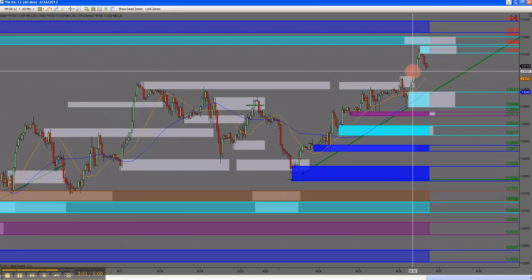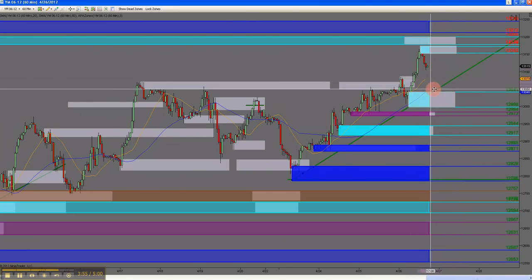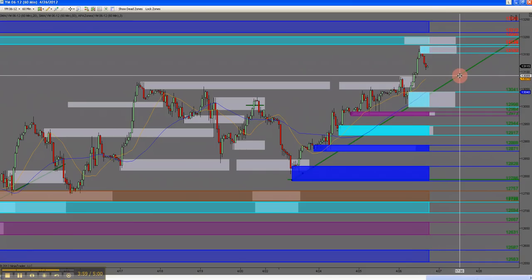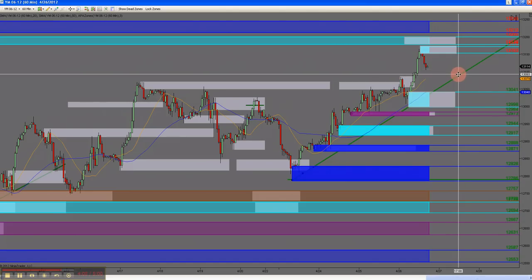And when I look at a trend line, I also want to make sure that there's a zone and the trend line right there together as price comes back to retest that level. Because if there's not a zone there, I'm not interested in taking a pure trend line trade, because from some of my previous experience it's very easily broken.